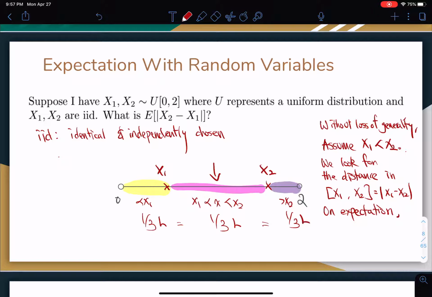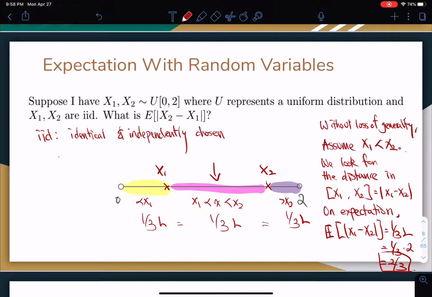Just on expectation, because x1 and x2 are uniformly chosen. This is what we expect to happen on average, right? That's what it means to have an expectation. So the expectation of |x1 - x2| is 1/3 of this entire length, which is 2. So we get 2/3 in total.